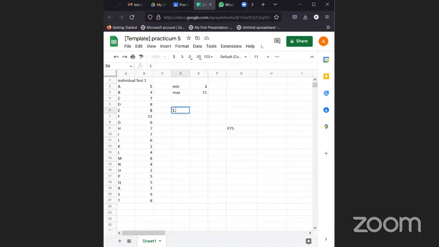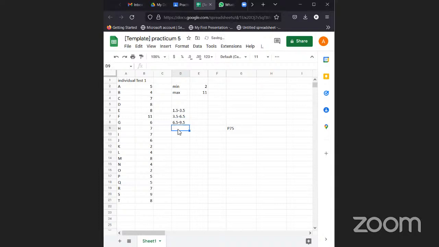So my minimum point is going to be 1.5 to, let's say, we'll keep it 3.5, right? So my next class interval is going to be from 3.5 to 6.5. My next class interval will be from 6.5 to 9.5.